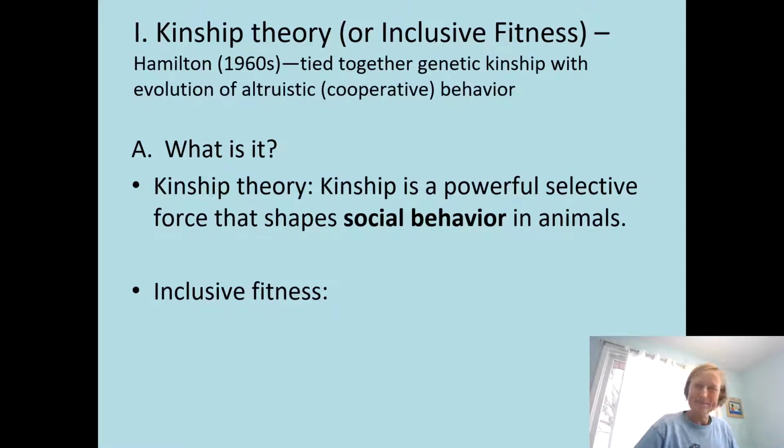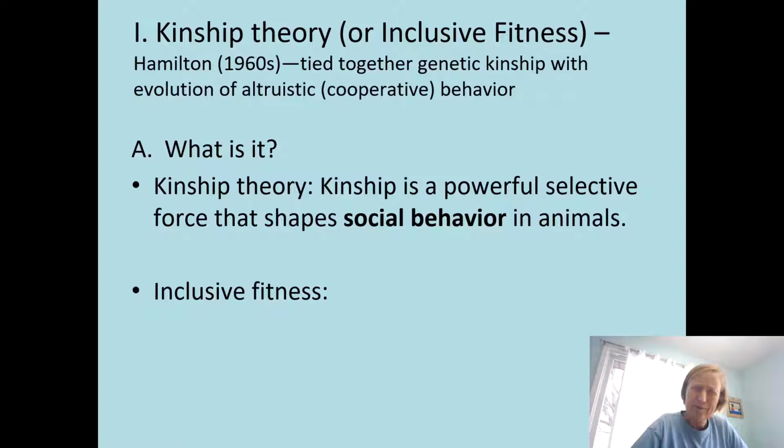So we need to sort this all out. So first of all, what is kinship theory? First, I've got written that, sure enough, relatedness is a powerful selective force that shapes social behavior in animals.